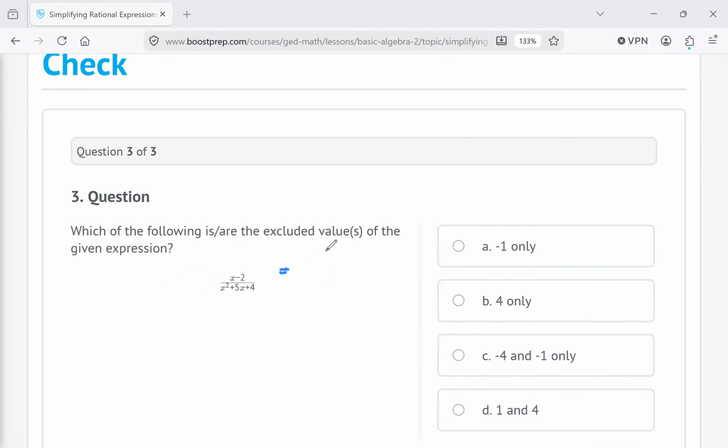On the top, x minus 2 cannot be factored, so it's just x minus 2. On the bottom, it factors out as (x blank)(x blank). We're going to do simple factoring. Can you come up with two numbers that multiply to 4 and when added give you 5? Yes, 4 and 1. 4 times 1 is 4, and 4 plus 1 is 5.